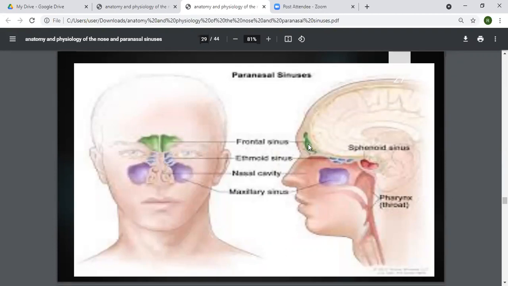So the anterior are these. This is the frontal sinus, anterior ethmoids, then the maxillary sinus. This forms the anterior group. Posterior is made by the posterior ethmoids and then the sphenoid sinuses, which are paired.